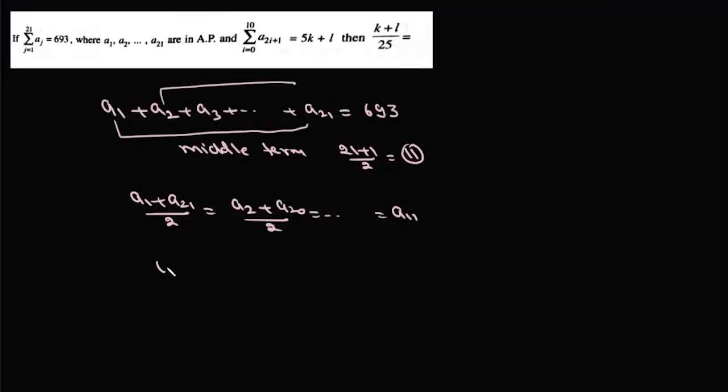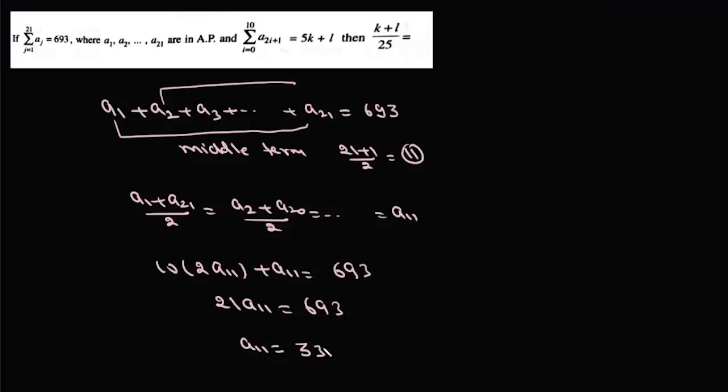So we'll form 10 pairs of A1 plus A21, and that will be equal to 2 times A11, plus A11, and that is equal to 693. So we'll get 21 into A11 equals 693. So value of A11 is 33.